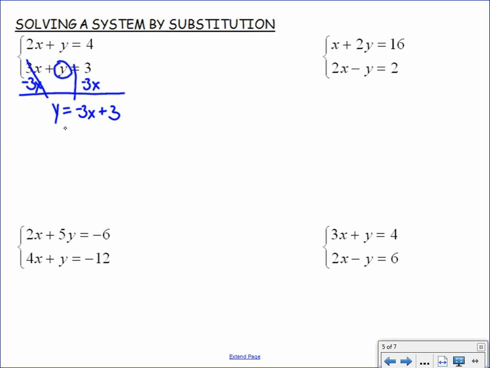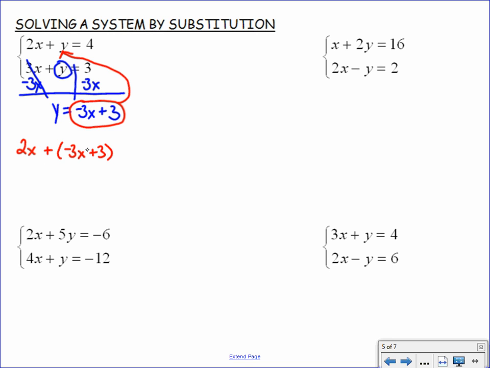Now that I know what y is equal to, I can take this value for y and plug it into one of the other equations. So I have 2x plus y. My y, I'm going to plug in negative 3x plus 3.